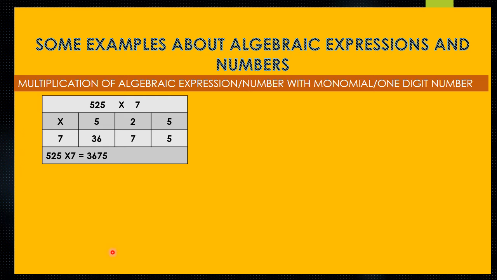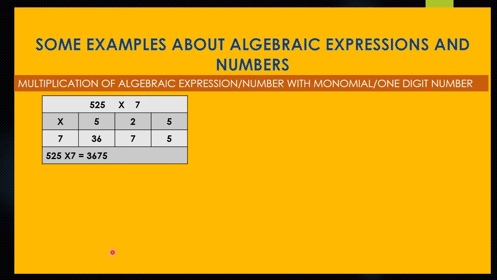Now multiply 7 with 5: 7 fives are 35, and adding the carry 1, we get 36. No more digits remain, so I put this 36 together here. So I have got 3675 as the answer of this question.